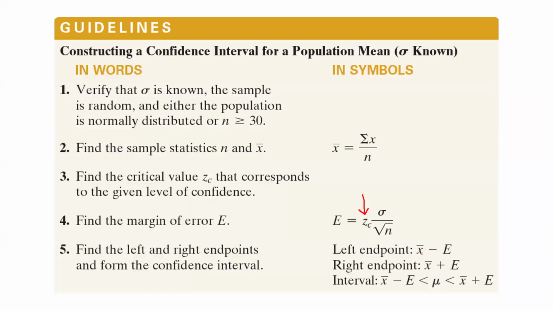Your left endpoint is x bar minus E. Again, your x bar is your sample mean, E the margin of error. And the right endpoint is x bar plus E. X bar is again your sample mean, and E is what you calculated here, the margin of error. Then the population mean, or mu, is bounded between x bar minus E and x bar plus E.